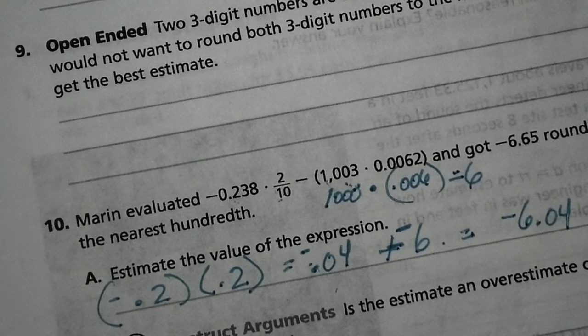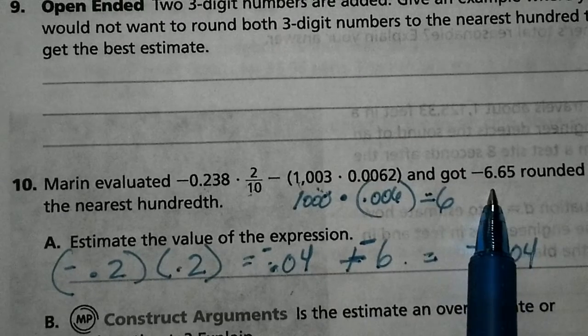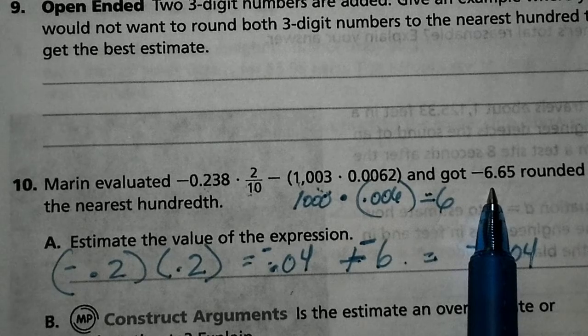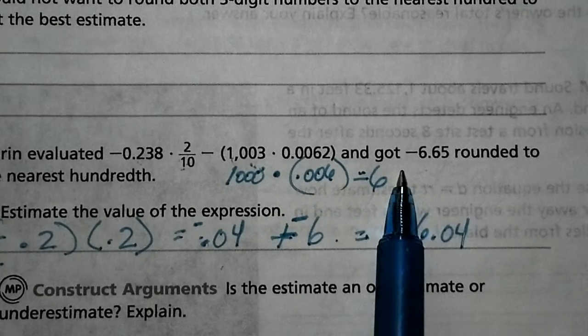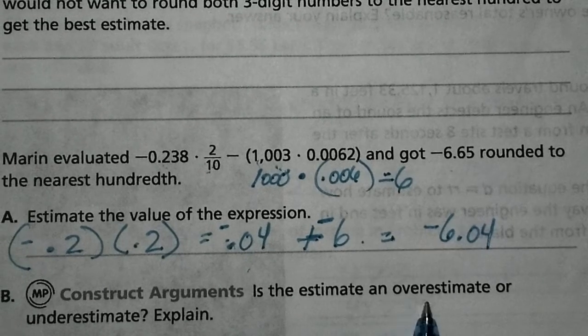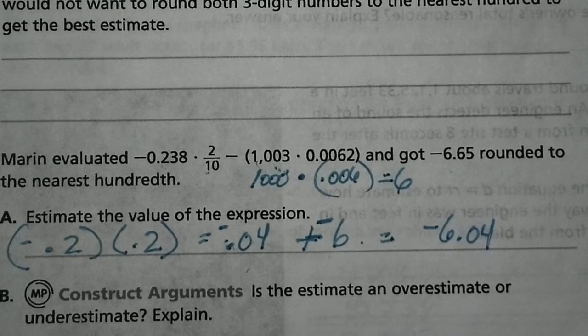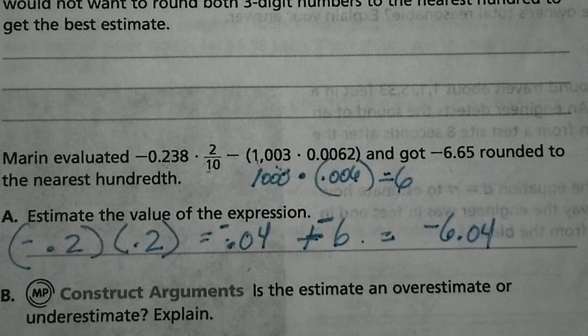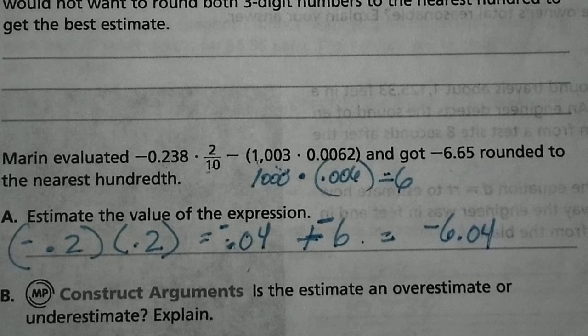So what does the question say? She said that they multiplied, right? And they ended up with 6.65 rounded to the nearest hundredth. So is our estimate an over or an under? I want to say under.